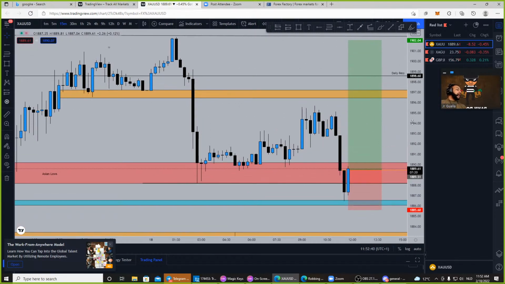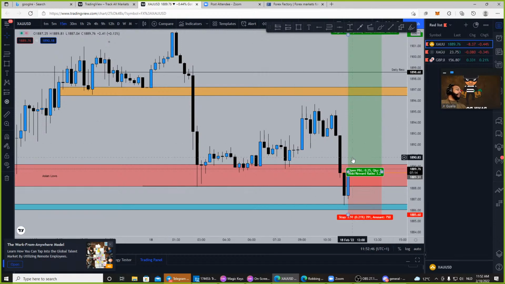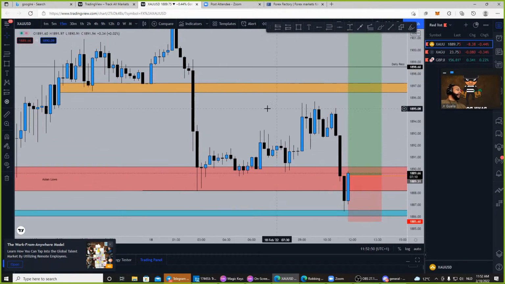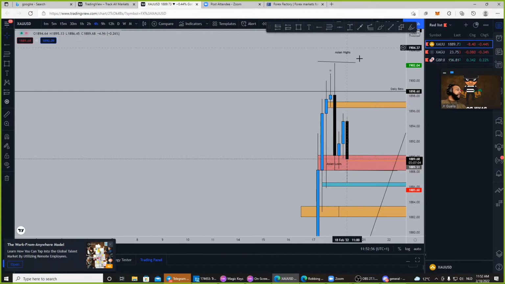But if we close back into this zone, let's start with the 15-minute. If the 15-minute closes above the red zone, then this is actually just a big fake out, and this will turn into the bottom wick on the 4-hour candle. And it will end up flipping once volume comes, right? Raiding these Asian highs. My TP currently is just right here.